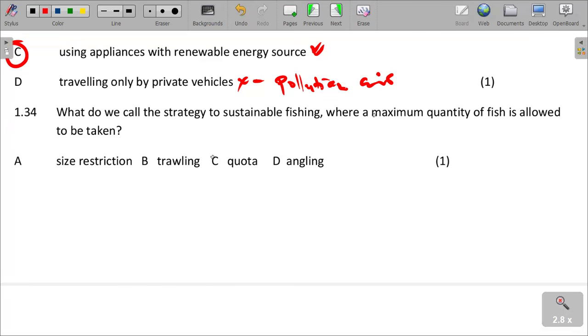We can even talk about it on border entries, regulating the amount of goods that are entering. So a maximum quantity of fish is allowed to be taken, in order to conserve fish and avoid them being finished. So we call that quotas. Quota is the best answer there.